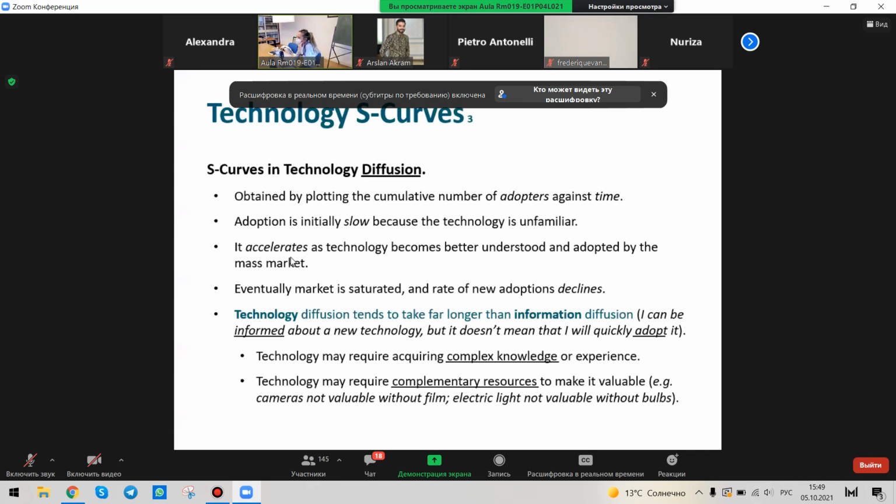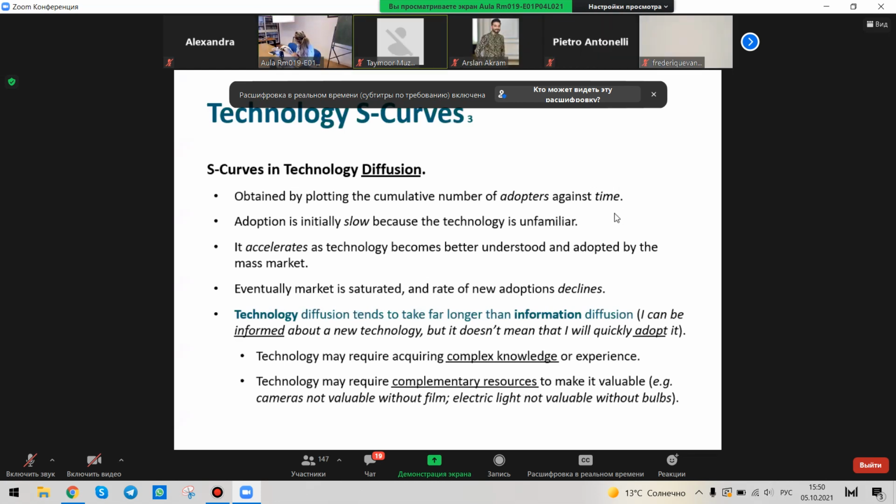We said that the shape is the same. So at the end, we will have the same shape of the curve. But in this case, we don't have effort and performance. We have the number of adopters and the time. So the S-curve of technology diffusion represents how, simply, adopters within a market accept or adopt a technology through time.